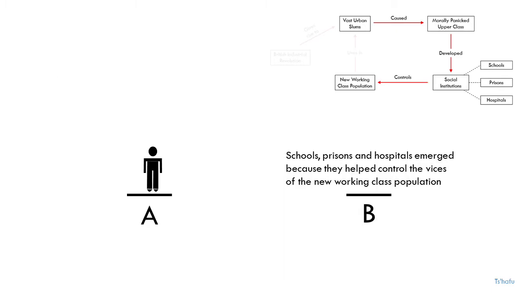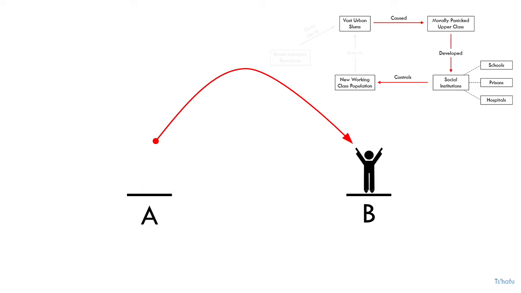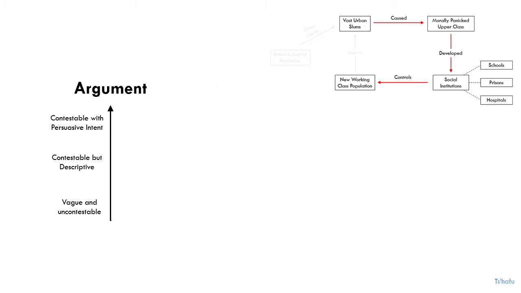Address the concerns, and now the audience can finally take the journey to the destination. Congratulations, you have done what we set out to do. So we finished on the argument dimension, and clearly we can see this is a really good thesis. This is contestable in that it has a destination, and it has a persuasive intent in that it addresses an audience concern.